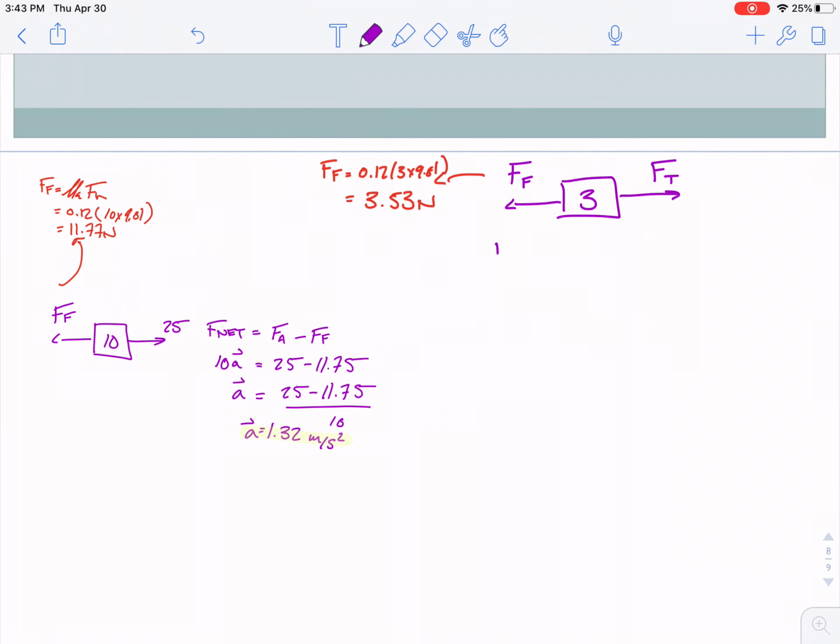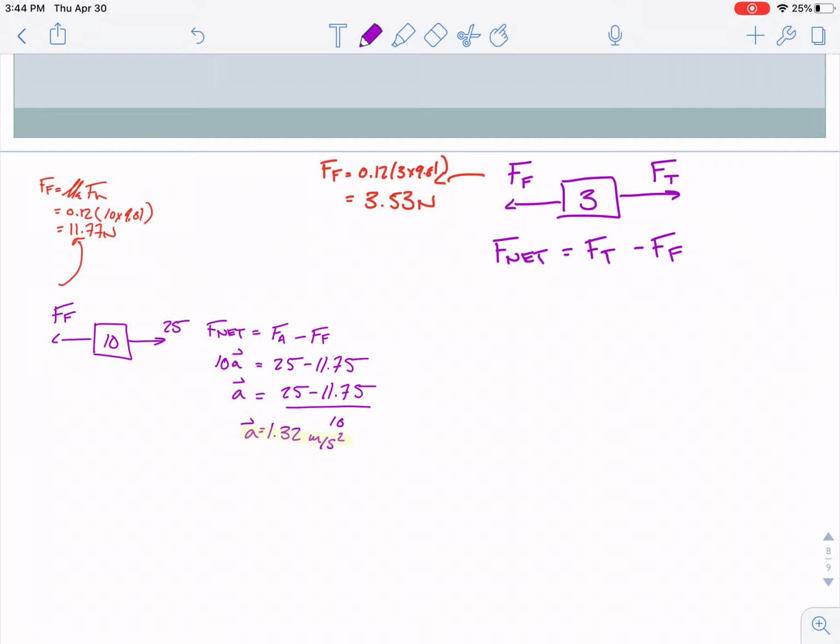Then we go back to our F net, where F net is just equal to Ft minus Ff. So in this case, 25 newtons minus 3.53 newtons gives us a net force of 7 point, no, that's not right. What have I done here? Oh, sorry. Apologies.